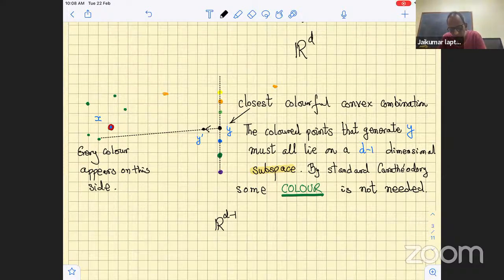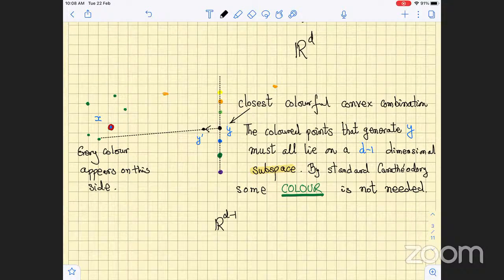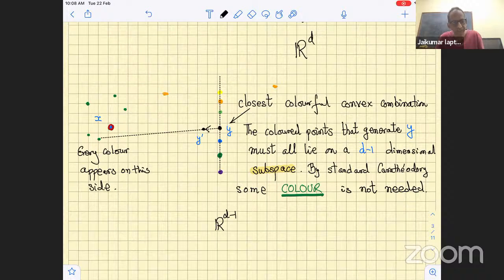That means even though you have generated it using D plus 1 points sitting on this hyperplane, we actually needed only D of them. That means one color, let us say the green color, was not needed. That means this very y can be expressed using some colors, but this green is not needed. You can generate it out of the rest. Is that clear?